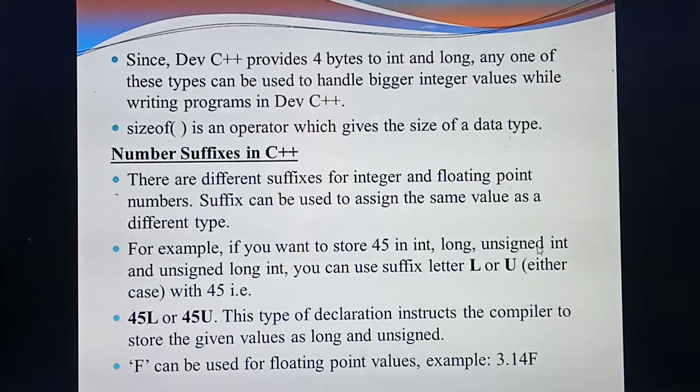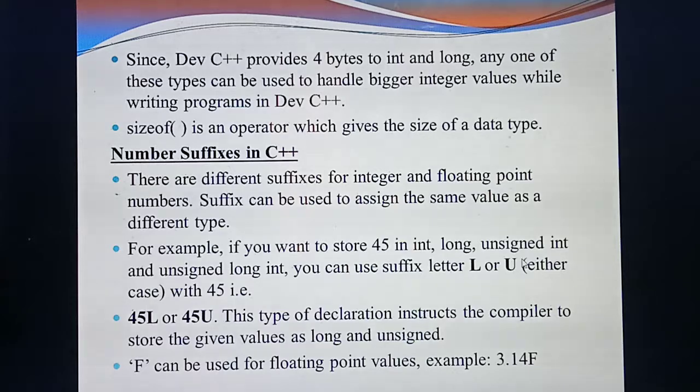For that you are going to use the suffix letter. Long int is given with the letter L, and unsigned is defined with the letter U. Understand? For example, you are giving 45L.